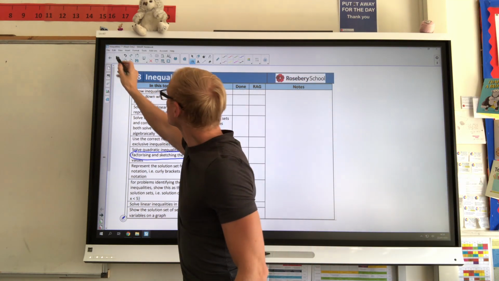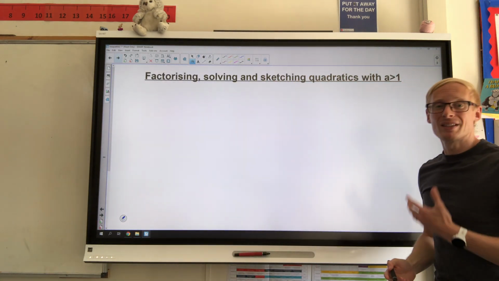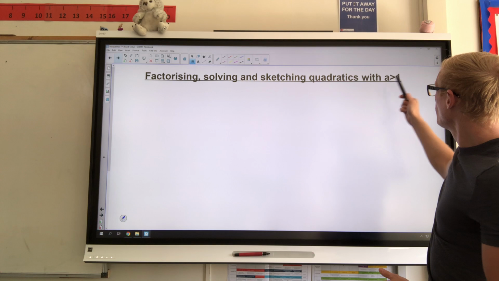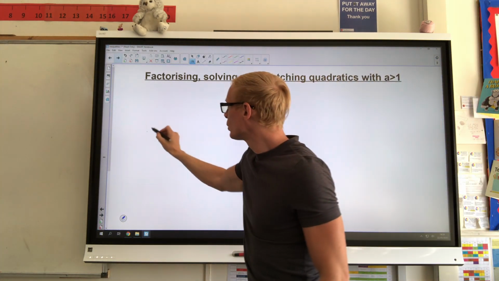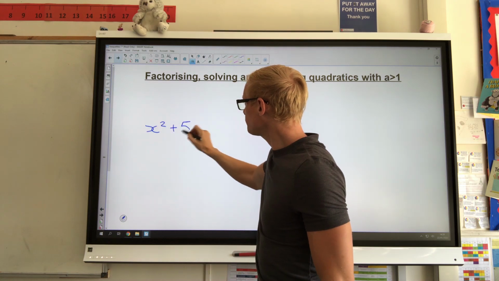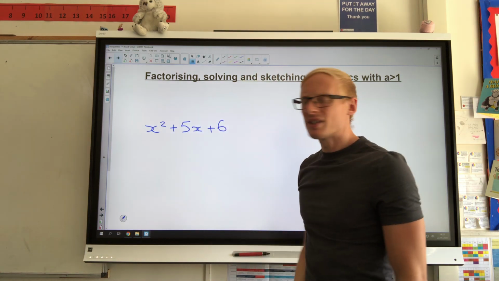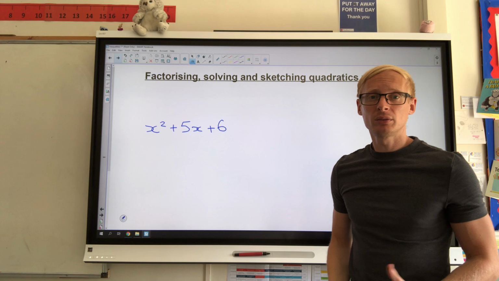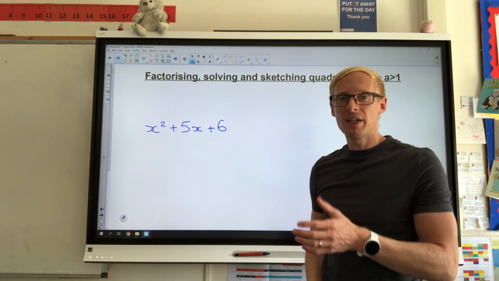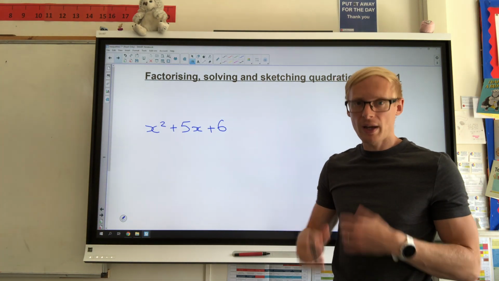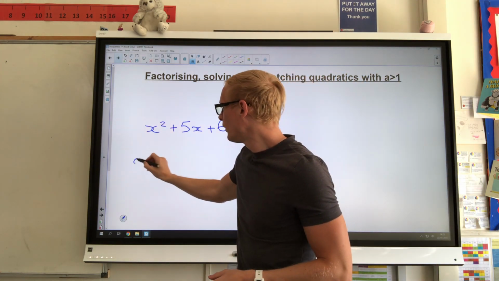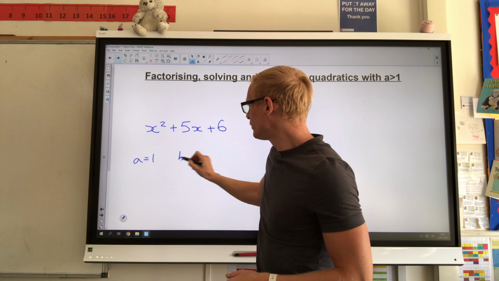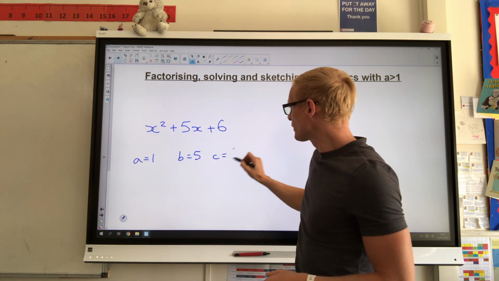So our title is similar to last time, but this time we're talking about a greater than 1. What I mean is, if you think about the quadratic formula, negative b plus or minus the square root of b squared, that whole formula, we say that a is 1, b is 5, c is 6 for a quadratic like this.